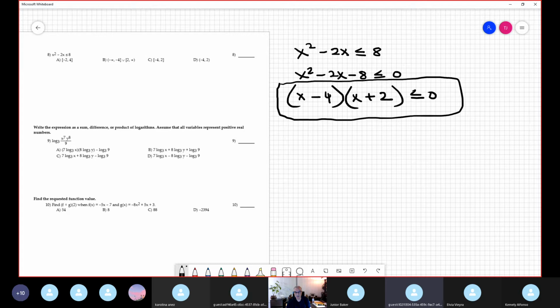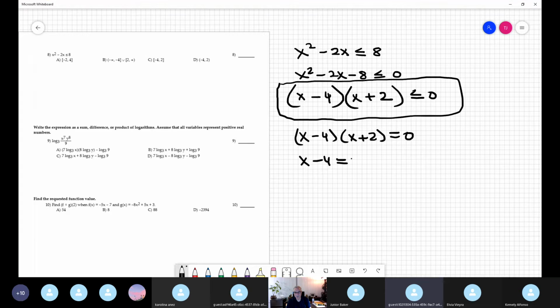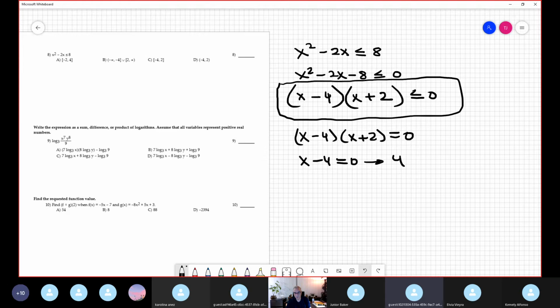Critical values are found when you temporarily convert this inequality to an equation. So you solve this: x minus 4 equals 0, so x equals 4. And x plus 2 equals 0 gives negative 2.